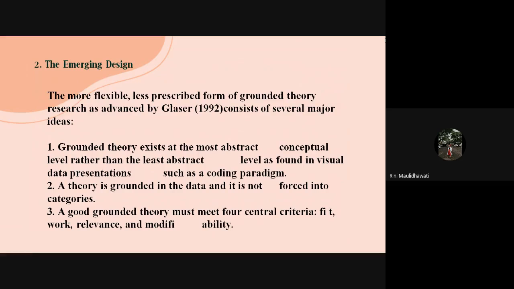The first point is that grounded theory exists at the most abstract conceptual level rather than the least abstract level, as found in visual data presentations such as a coding paradigm. The second is that a theory is grounded in the data and is not forced into categories. The third point is that a good grounded theory must meet four central criteria: fit, work, relevance, and modifiability.